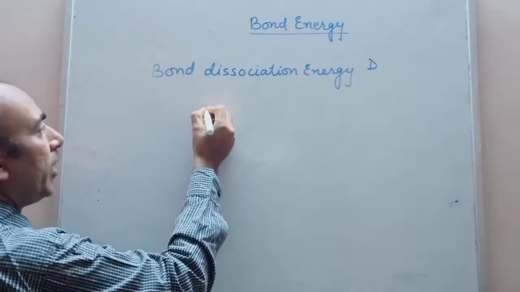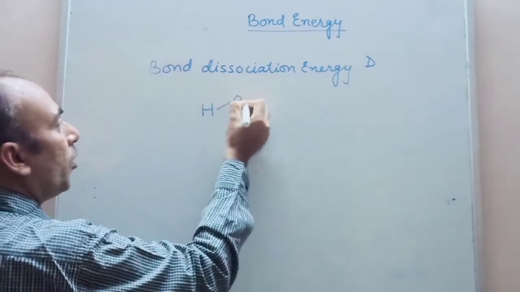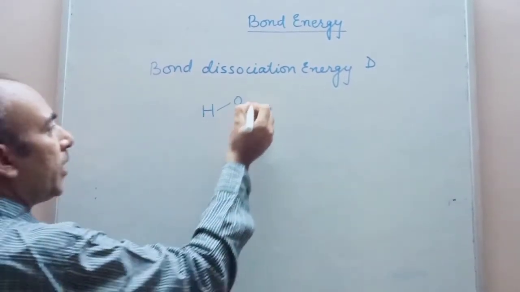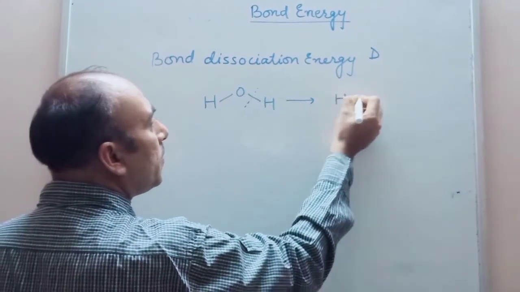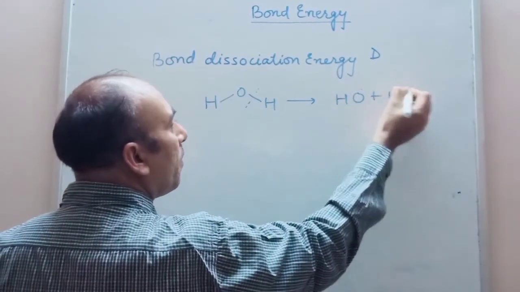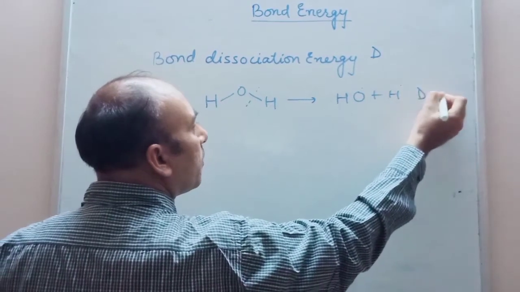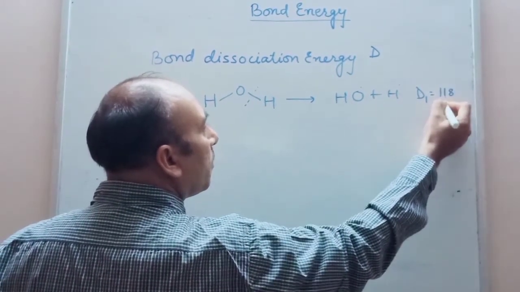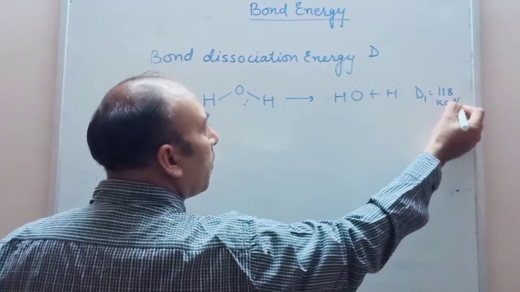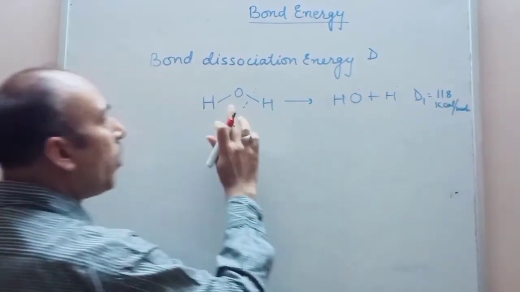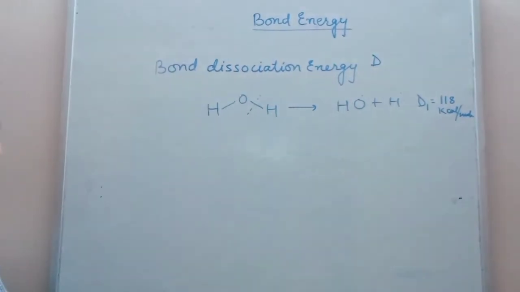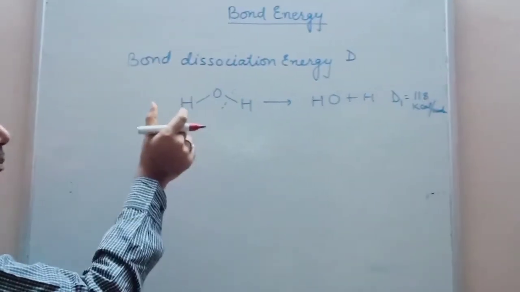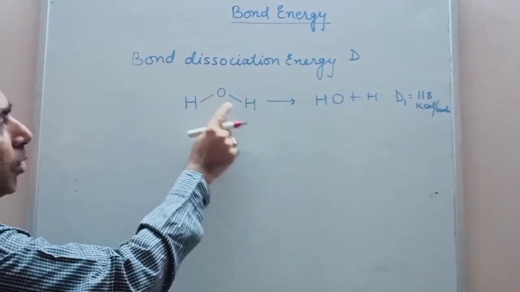For example, if we take a water molecule and break a bond, the energy required to break this OH bond is 118 kilocalorie per mole. So this is the bond dissociation energy of this particular bond.